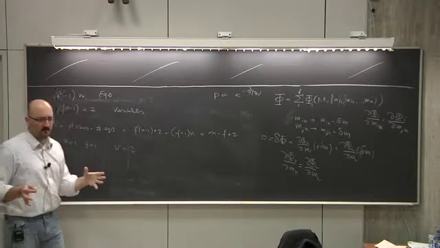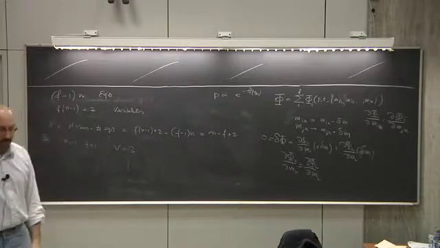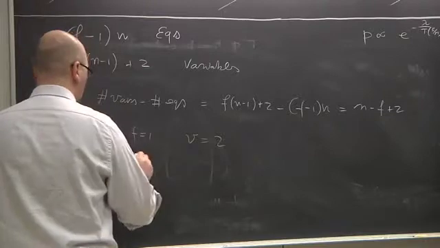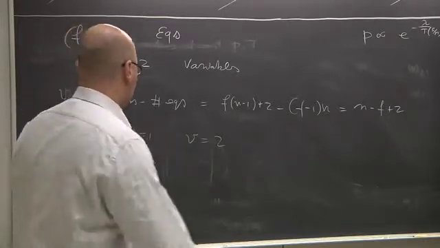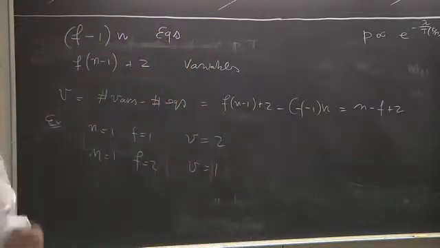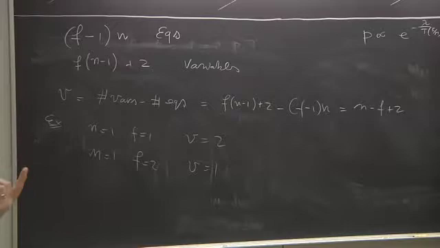The third variable, the volume, is defined by the equation of state. If n is equal to 1 and f is equal to 2, then we have v is equal to 1. We choose only one variable, and the other one is defined.